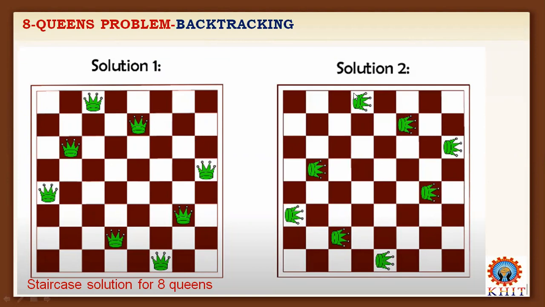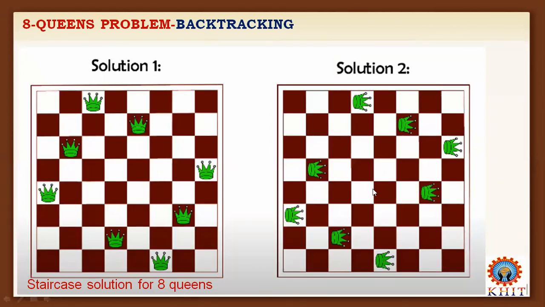These two solutions satisfy the constraints of the 8-queens problem, that no two queens can be placed on the same row, same column, or diagonal. But the first solution is to be considered as the staircase solution for the 8-queens problem.